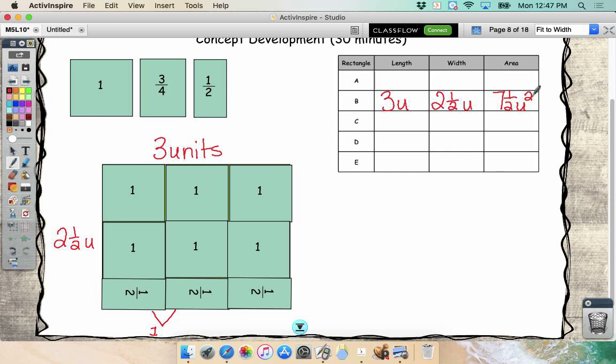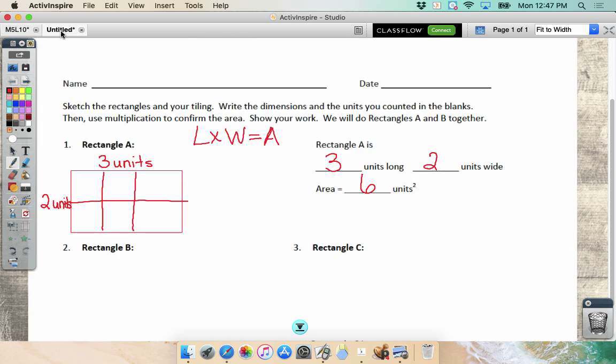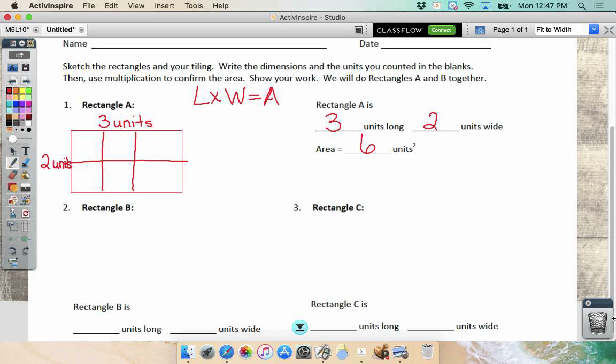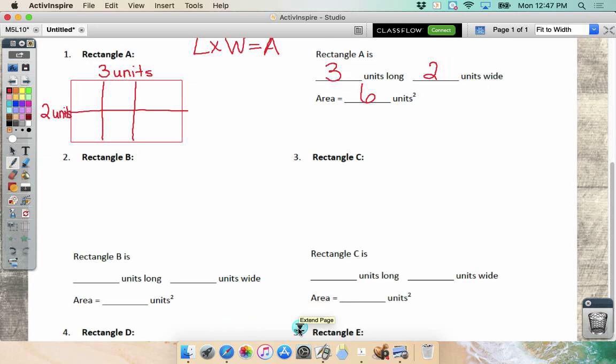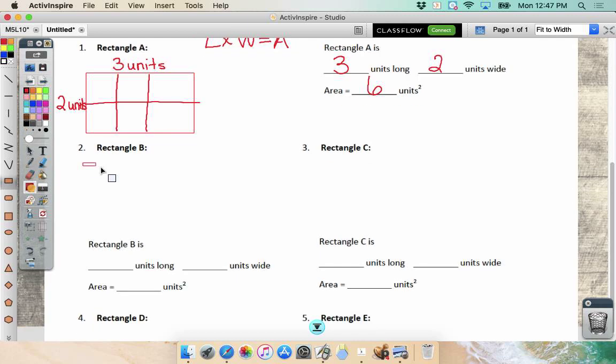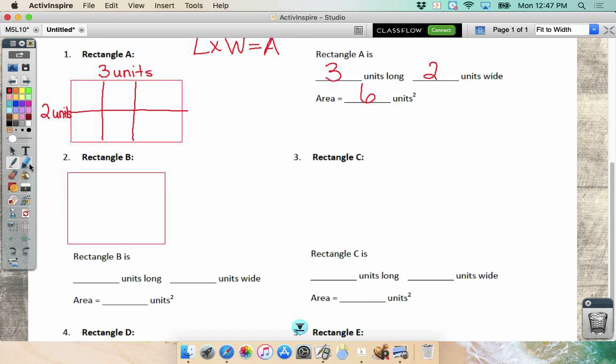Okay, now we're going to go draw this. Are you ready? Okay. So on the problem set, I'm going to put it right down here for B. So get yourself a rectangle. And how long was the top? 3 units. And how long was the side? 2.5 units.